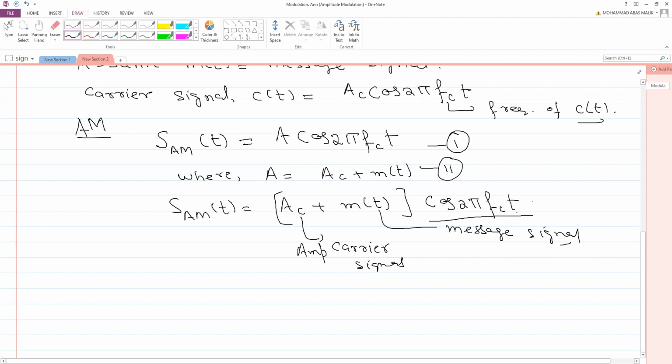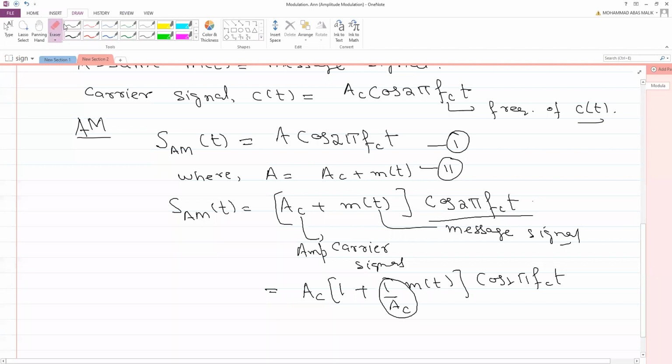Now this can be further written like this. Just see, if I take Ac as common, what will I get? Please somebody respond. 1 plus (1 divided by Ac) into m(t), into cos 2 pi fc t, right?